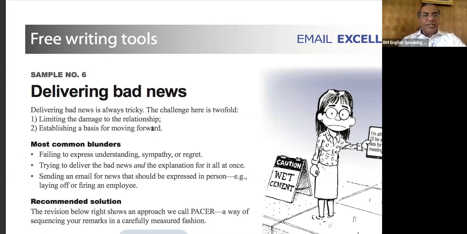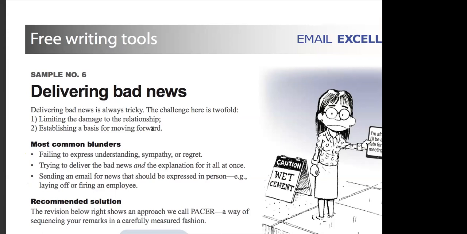So can you please explain this a little bit? Limiting the damage to the relationship. So, if you are writing an email, maybe the bad news would be terminating the person also.